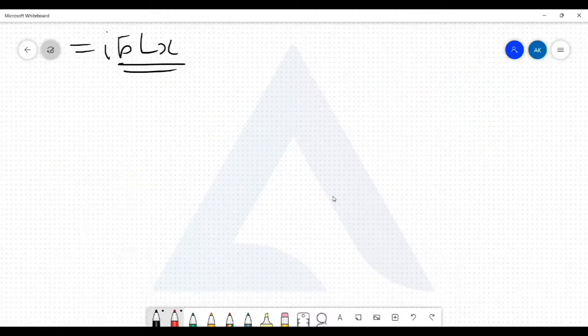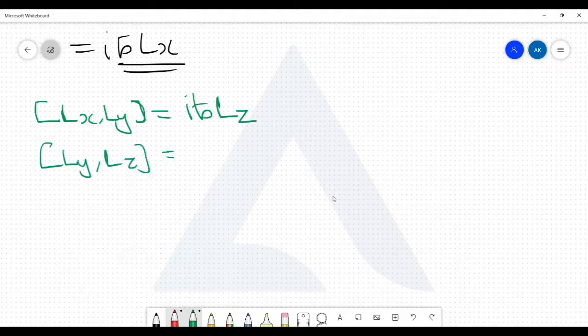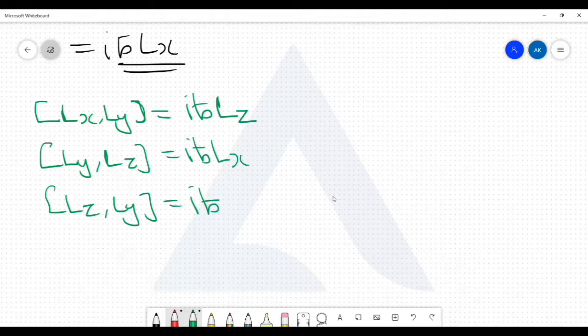So we have seen here that for the angular momentum operator, the conclusions are this: [L_x, L_y] equals iℏ L_z, [L_y, L_z] is equal to iℏ L_x, [L_z, L_x] equals iℏ L_y.